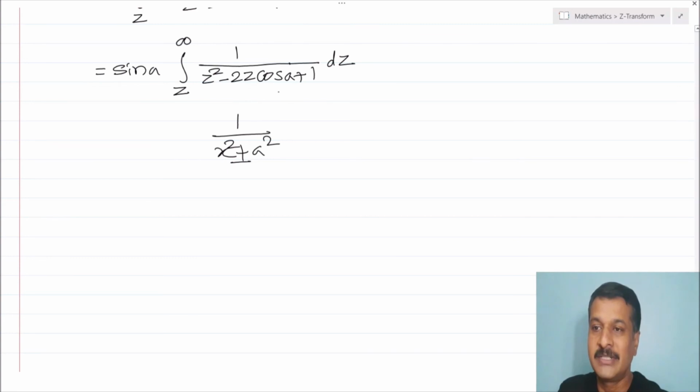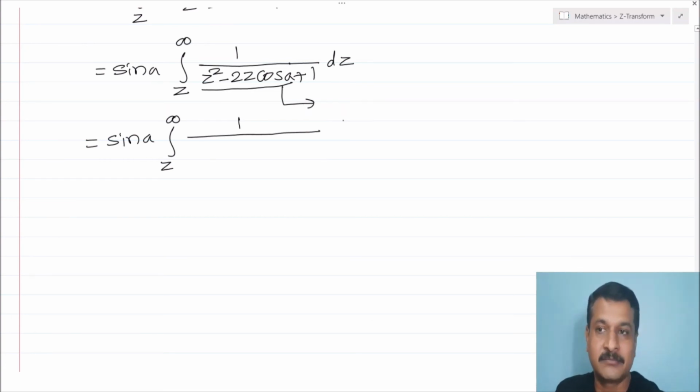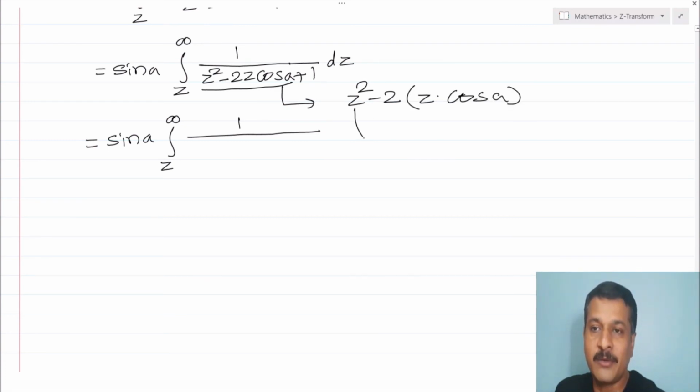So how? Let's see here. I can write that is equal to sin A, this as it is, integration from z to infinity of 1 upon. Here you just consider this one and try to find the third term. How? Here z square minus 2 into z into cos A. So the square root of z square is z, and the square of cos A is present there.